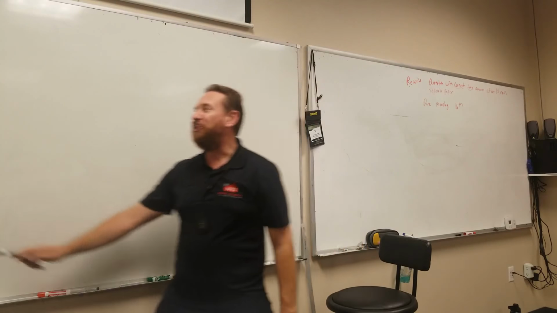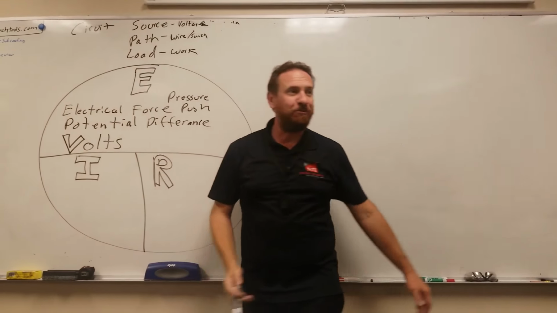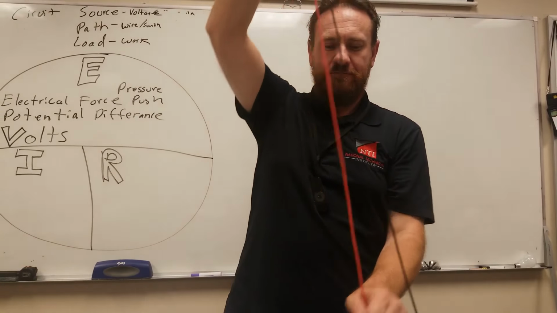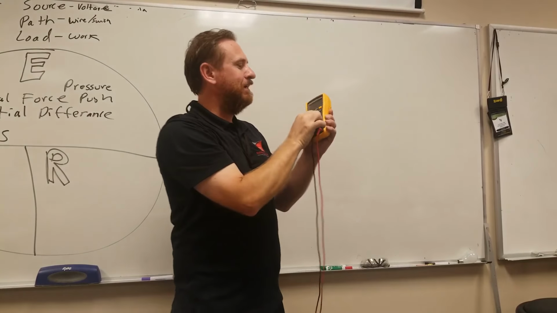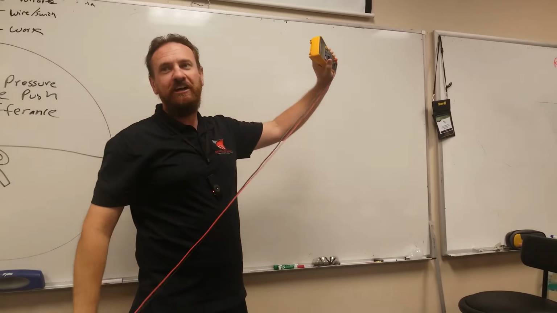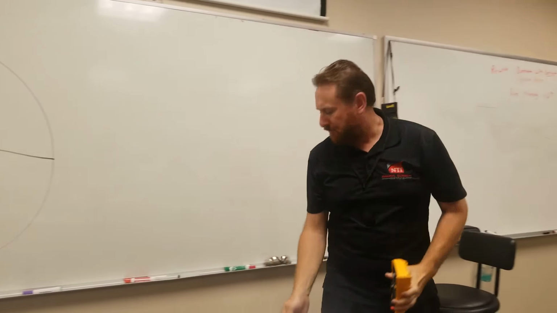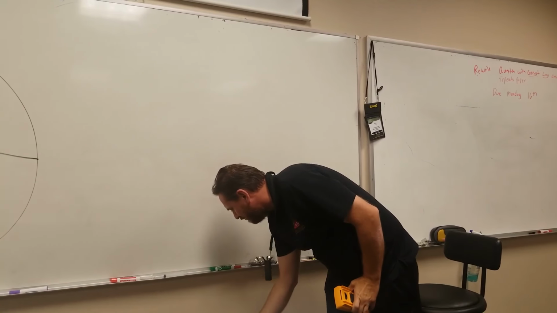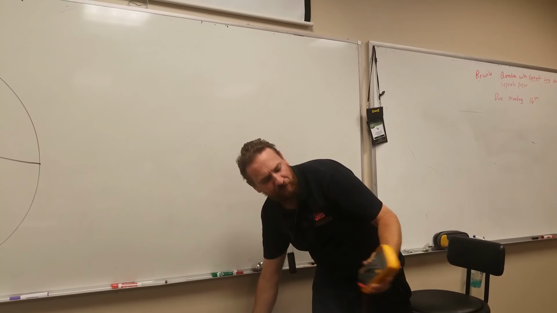There's a potential difference between the 2 points, and if I hook a meter up to it, here's our meter, turn my meter over here to V for Alessandro Volta, and I put the meter lead in one side, and I put the meter lead in the other side, it gives a reading. What does that say?